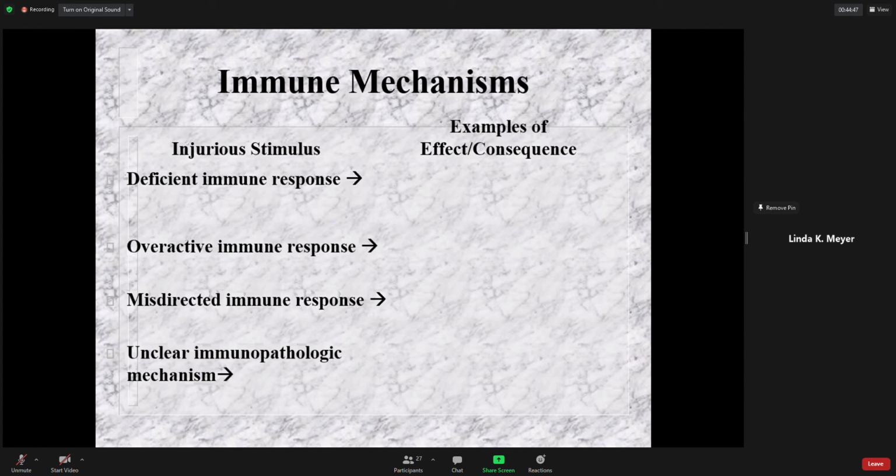And at the other end, it could be an overactive immune response, or it could be one that's misdirected. And finally, there are some where there's an immune mechanism, but it's not entirely clear what's happening in the tissues.